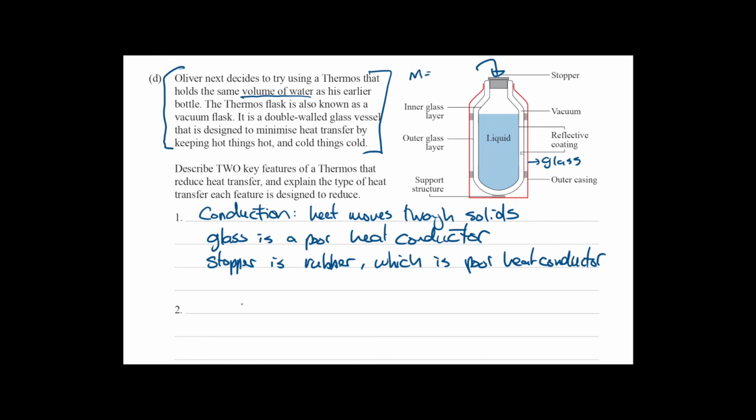All right, the next way that heat can be transferred is by convection. So here, the vacuum itself is a poor conductor. It's a poor medium for transfer of heat.